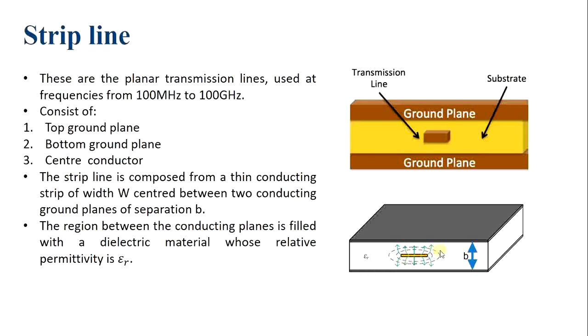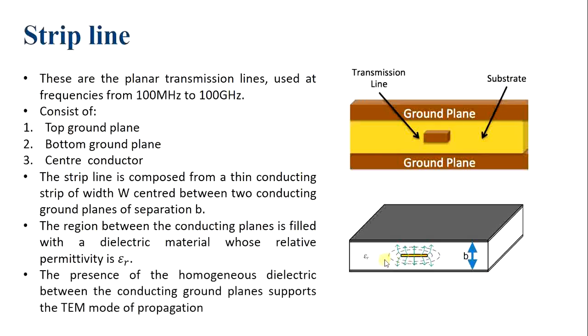You can see the fields are confined to the dielectric substrate between the strip and the ground planes. You can see these green lines, they are denoting the electric field which is emerging out from the conductor, and these purple lines, they are showing the magnetic field.